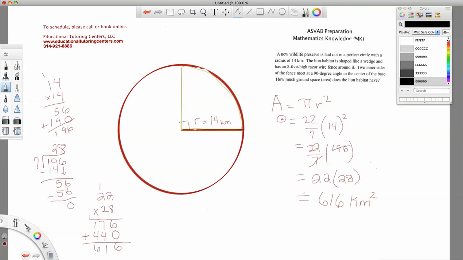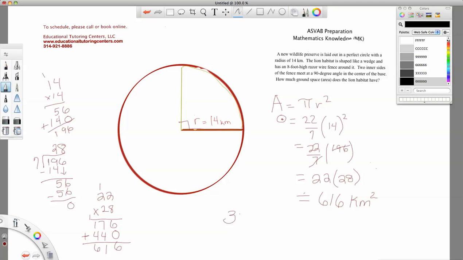Let's see. The next thing we want to do is look at what portion is the lion's habitat compared to the whole thing. Okay, so we know that this circle here, you may recall that the circle is a total of 360 degrees.